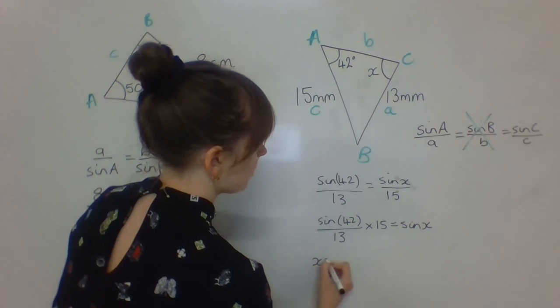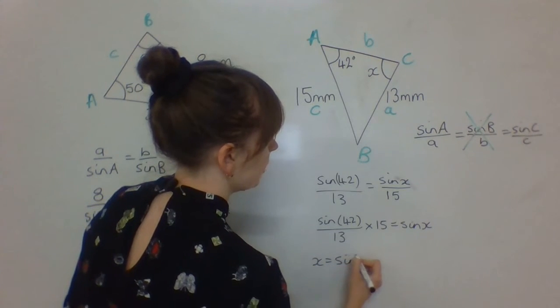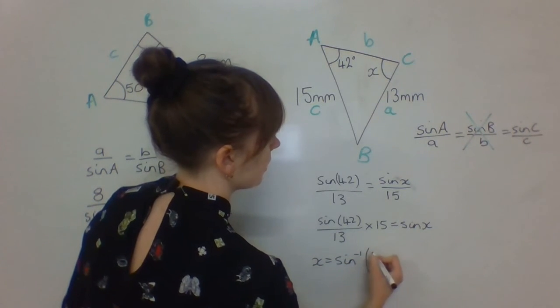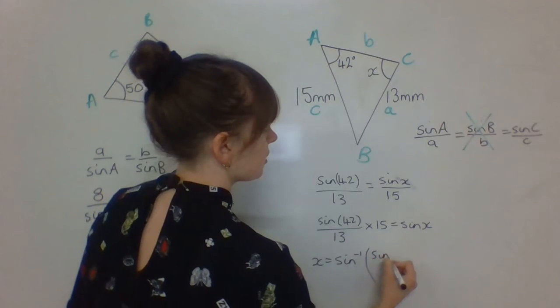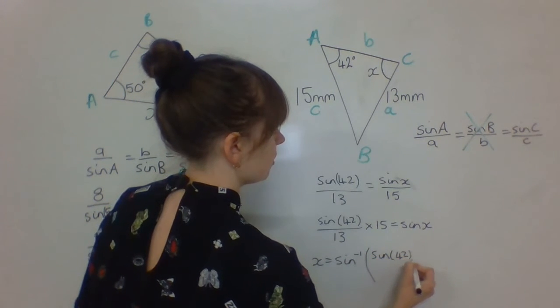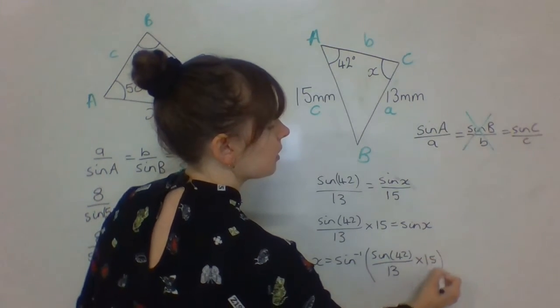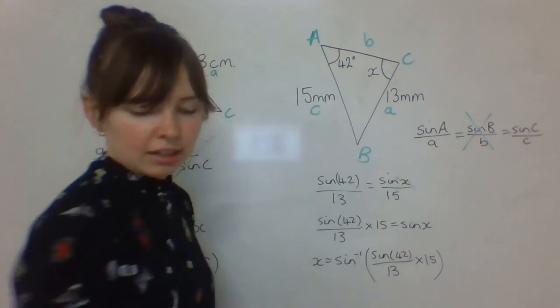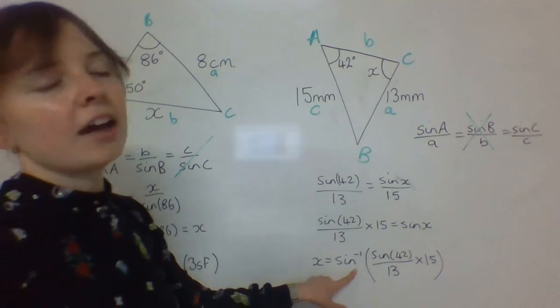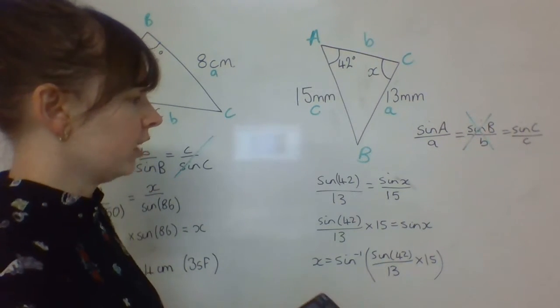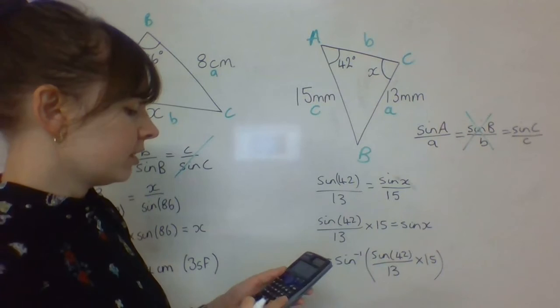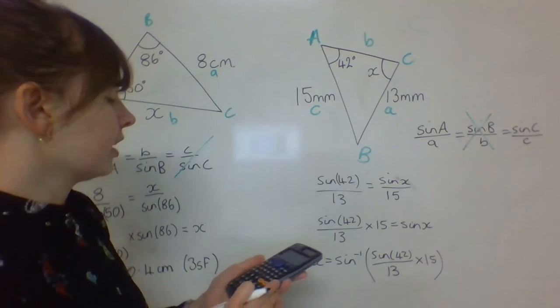So that's x equals sine to the minus 1, the inverse sine, of sine 42 divided by 13 times 15. You could work this out first and get yourself an answer as a decimal and then take sine to the minus 1 of your answer. Or if you're confident with your calculator, you can type the whole thing in at once.